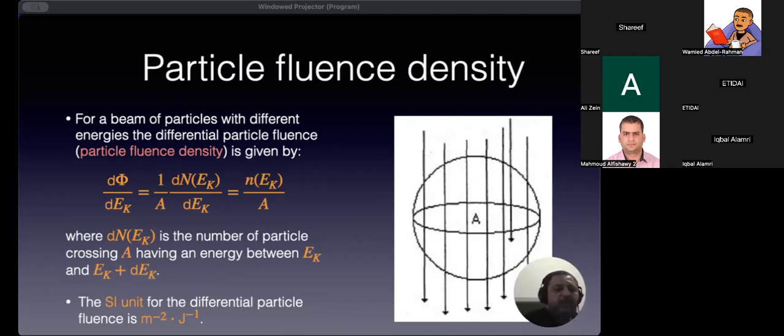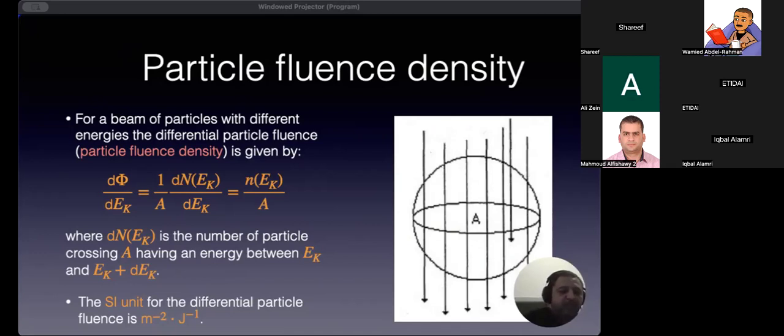It's given by this quantity here, where basically we need to count how many particles with energy E cross that cross-sectional area A, or basically the number of particles with kinetic energy between E and E plus dE. So we look at a range of energies, and of course, we'll select dE to be as small as possible, in order to give us the particle fluence density.